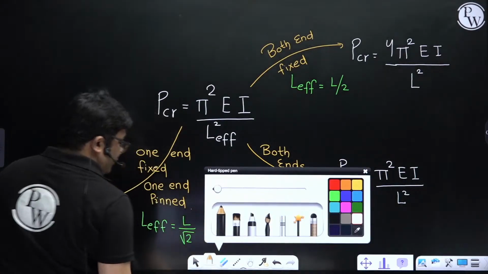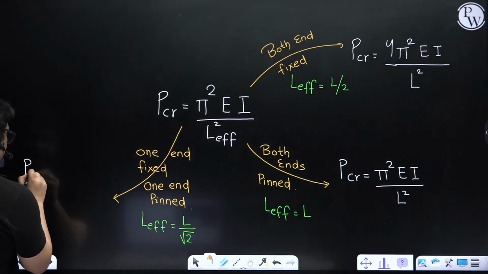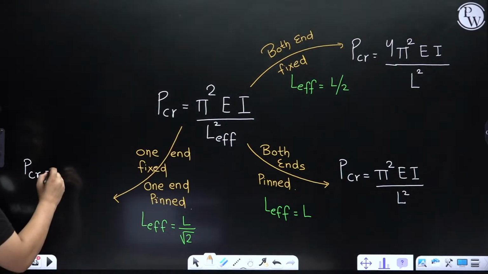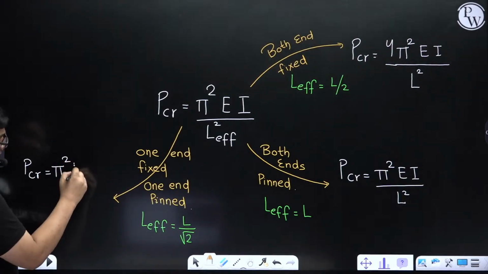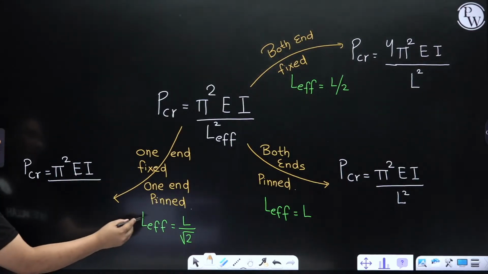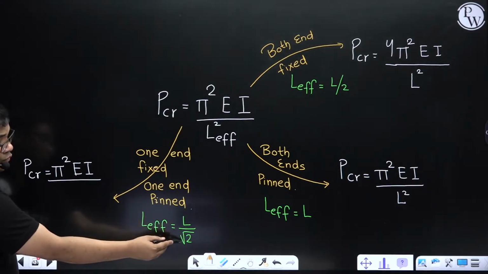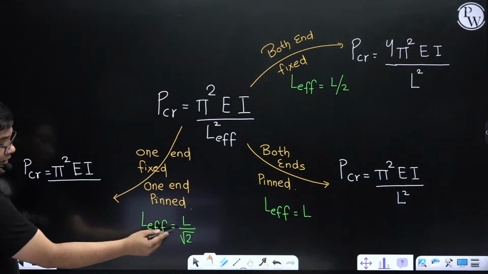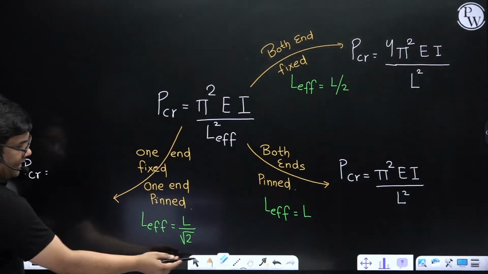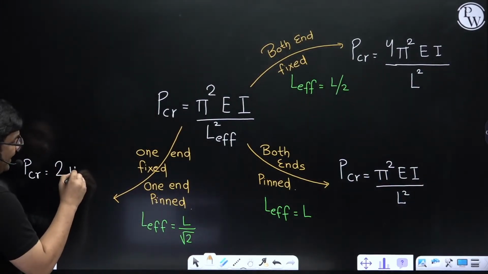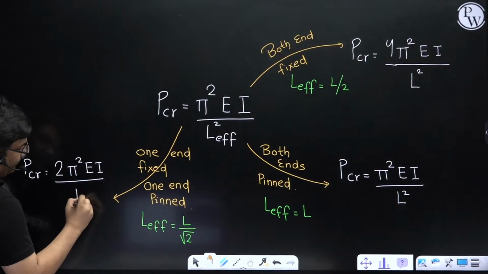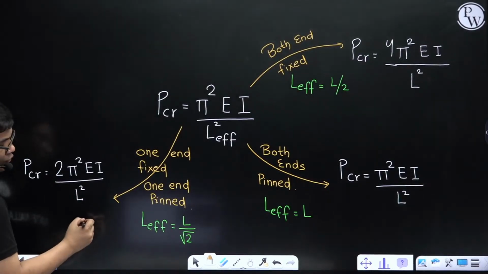So I'll put the expression PCR equal to pi square EI divided by L effective square, so L square by root 2 square, which is L square by 2, and the 2 will go up. So I will get 2 pi square EI by L square, because it becomes L square by 2 actually.